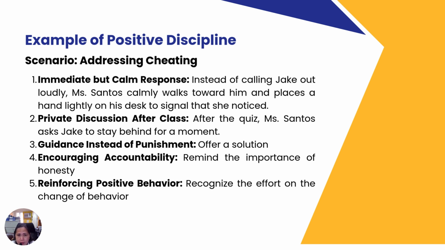So in such a manner, the student will understand that the act of cheating was taken seriously, but this time a warning was given and a special consideration was also provided. But if the same behavior is repeated, no more special consideration. So the student as well will realize the importance of honesty in the classroom.